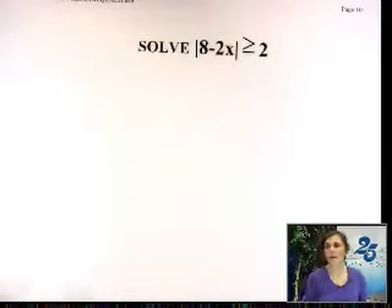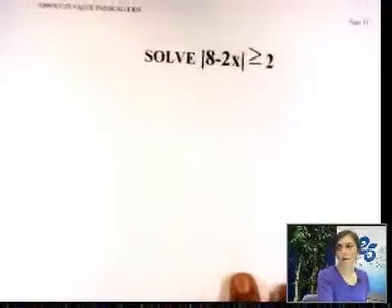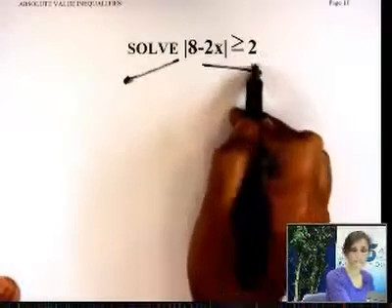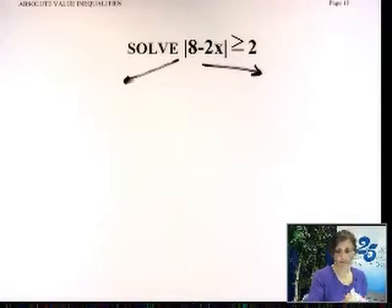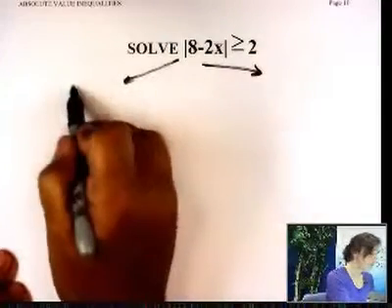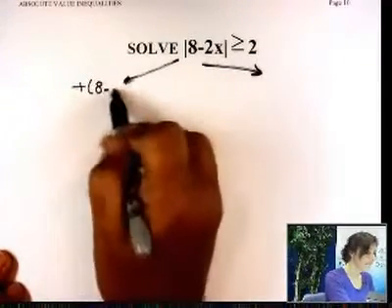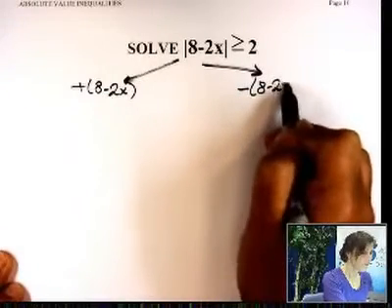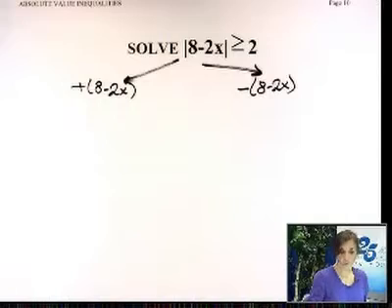Okay, how about with the equal thing? Okay, two parts. Let me change my marker. Positive, negative. This part stays the same.